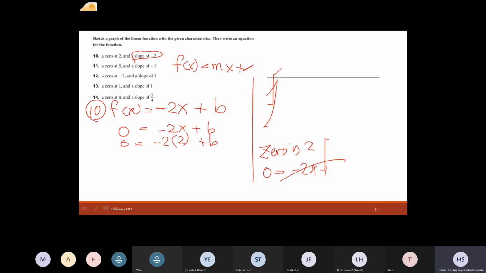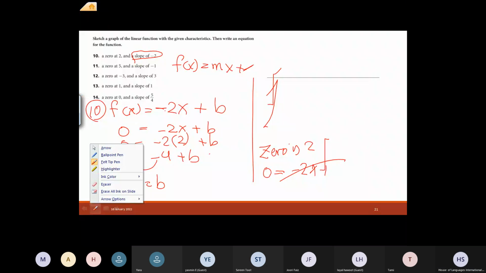Remember the steps. I will substitute x with 2 in order to find the variable. Now we have one equation, one variable, we can solve it. Negative 2 times 2, negative 4 plus b equals 0. So positive 4 equals b. So now instead of b, I will write 4.